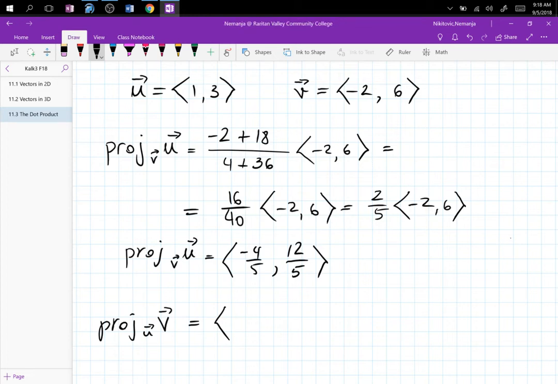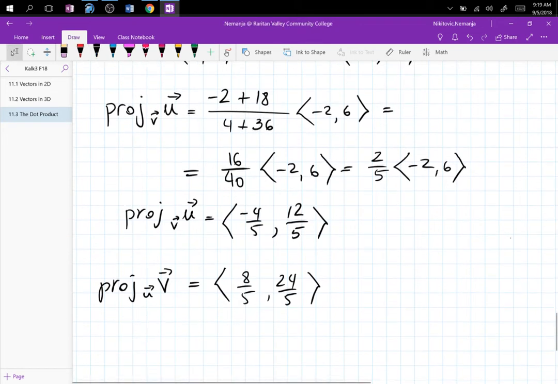I got 8/5 and 24/5. 8/5 and 24/5. Is anyone confirming this? I'm just going to say, okay, fine, let me move on. Good job. So as you can see, they're not the same.